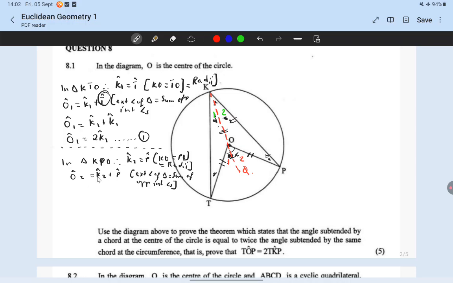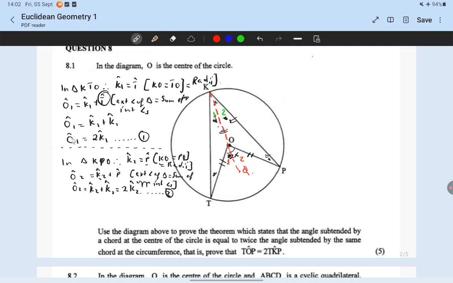But our K2 was already equal to our P, so we can substitute this P with K2. So our O2 becomes K2 plus K2, which gives us 2 multiplied by K2. So this can be our equation number 2.